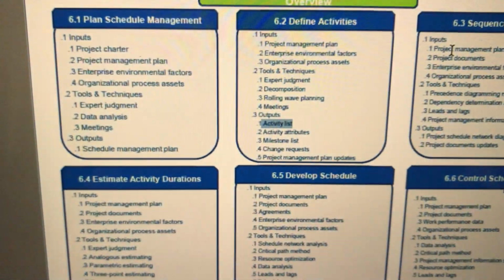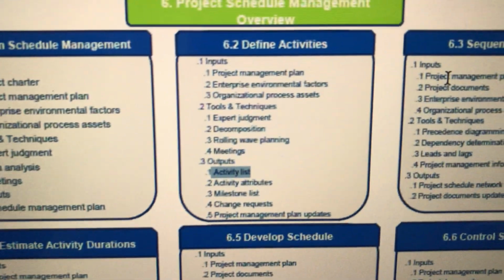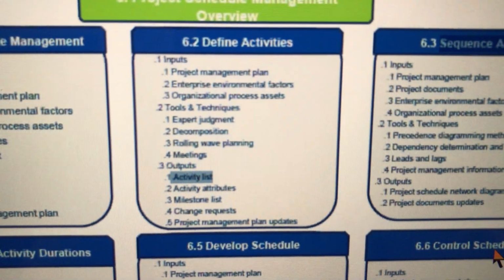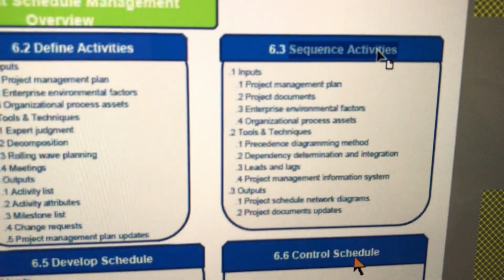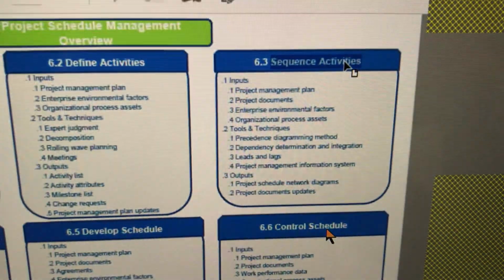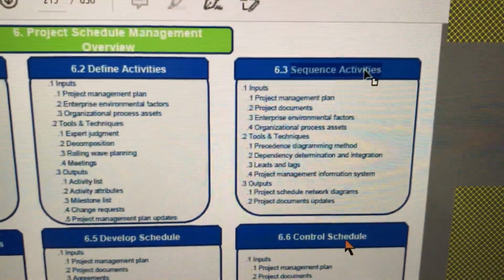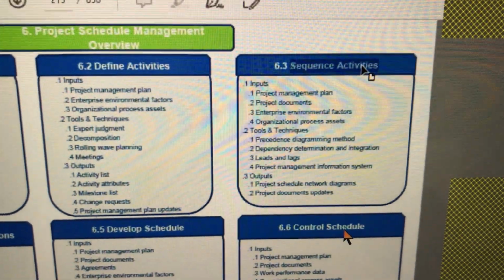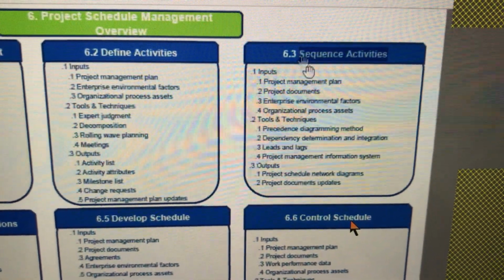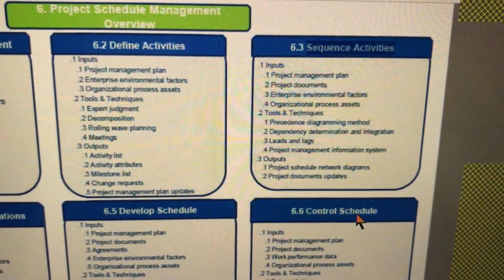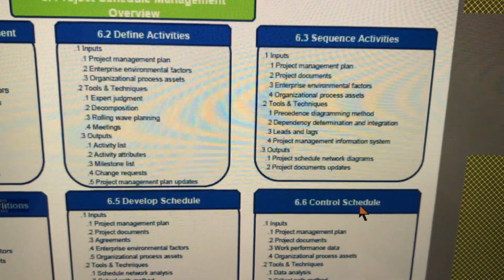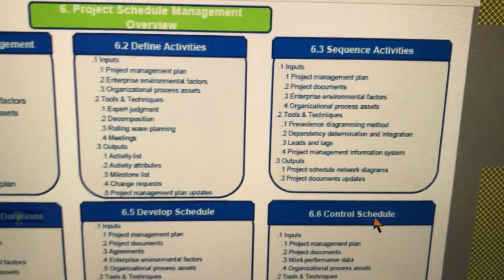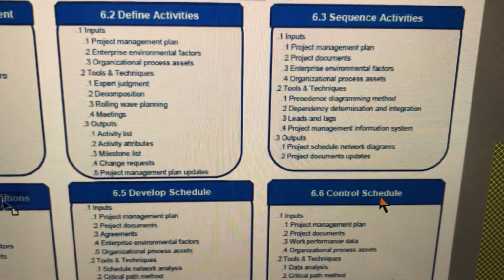This is the purpose of schedule management, and in particular sequence activities. You will say which one comes one after the other, which one goes side by side, or in parallel, simultaneously, depending on the nature of the activity. Once you are done with sequence activities, you will go into estimate activity duration, what is the duration at an activity level.